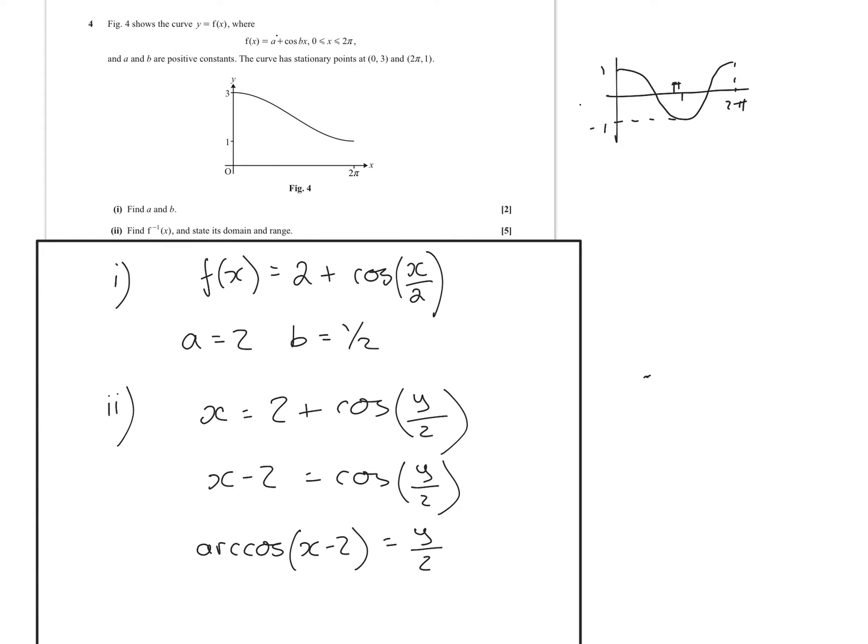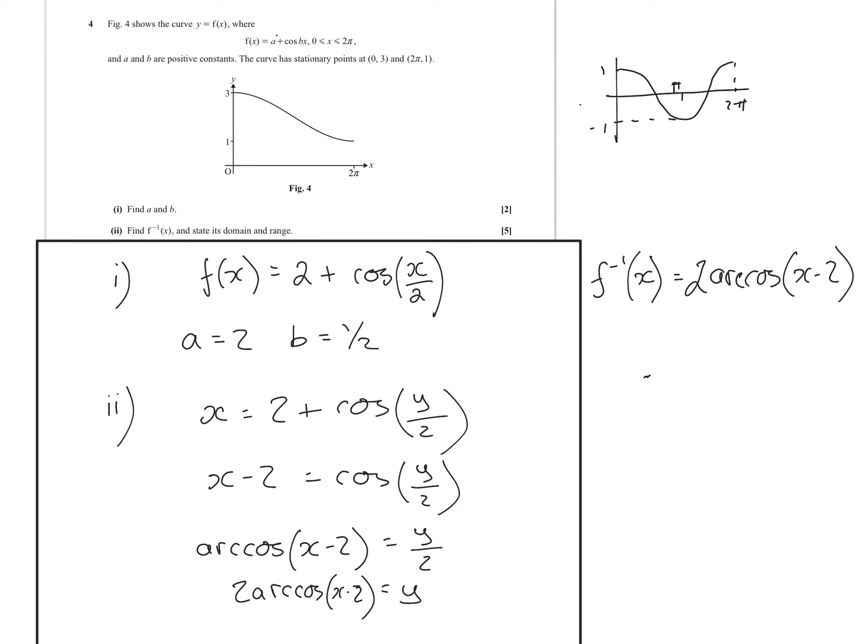And then multiply that up by 2, so y equals 2 arc cos x minus 2. Are we happy with that? So f to the minus 1 of x equals 2 arc cos x minus 2. Tom, are we happy? Henry, you sure? Yeah.